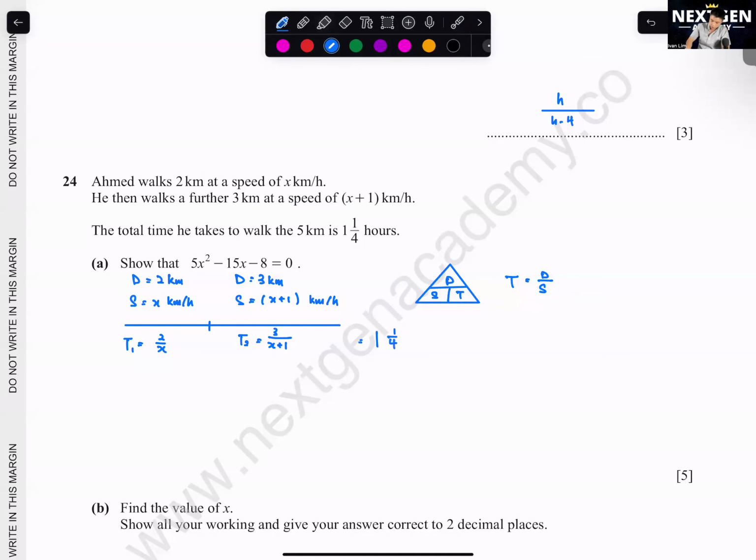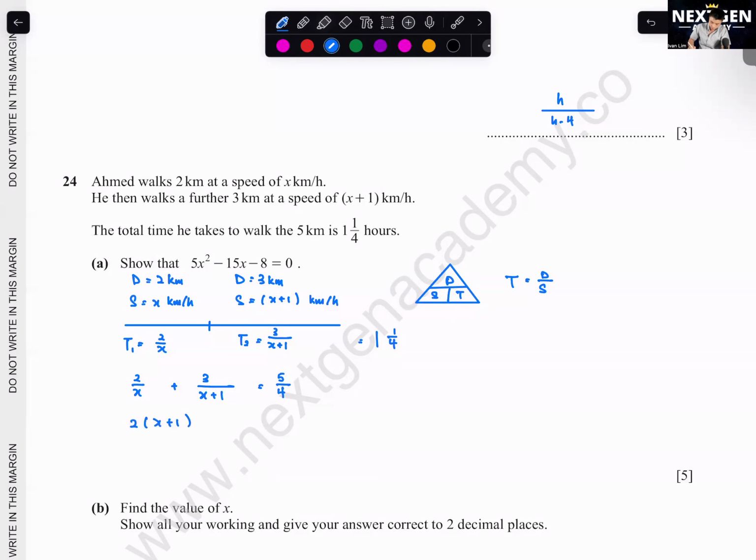So T1 plus T2 equals 1 and 1 over 4. We can also change it to 5 over 4, right? So we can write an equation: 2 over x plus 3 over x plus 1 equals 5 over 4. I think 5 over 4 will be easier for us to see. Then all we need to do now is to change it to the expression that they want. On the left-hand side, we make it one fraction first.